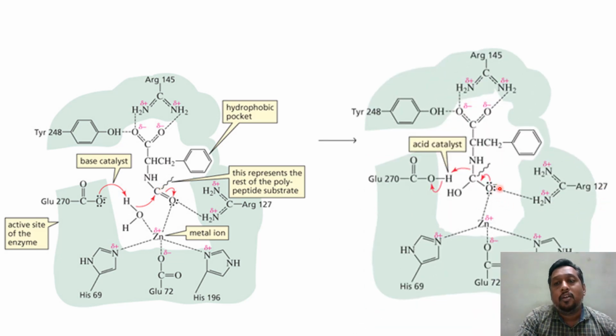The oxyanion formed is also nicely stabilized by arginine 127 and zinc. Now delocalization back of the oxyanion will cleave the C-N bond, and this NH minus takes up a proton from glutamate 270, which acts as a general acid catalyst.